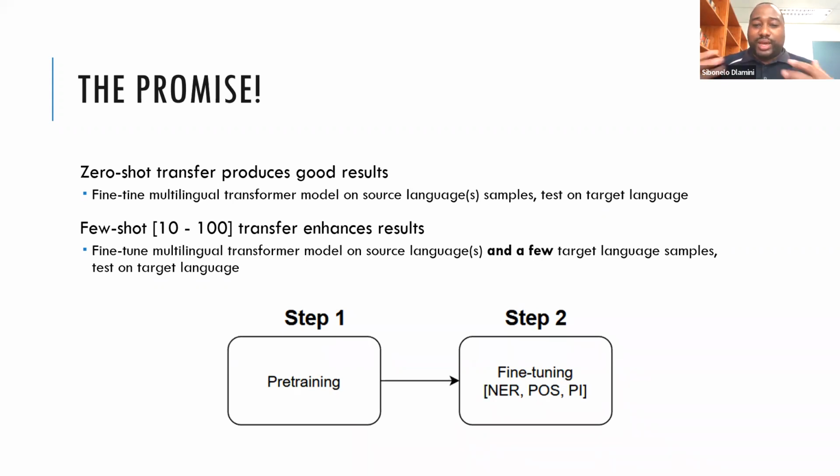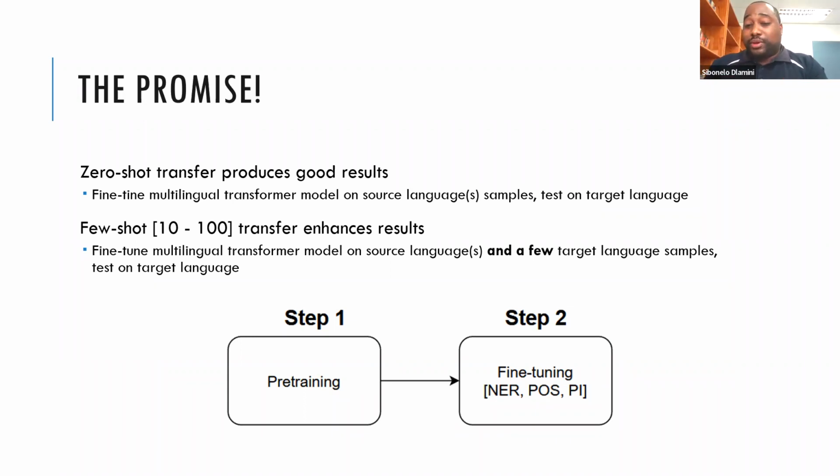So for example, let's say that I want to do part of speech tagging in isiZulu. Zero-shot transfer would dictate that we take our multilingual transformer model that obviously understands isiZulu because it's been trained on Common Crawl. We fine-tune it on English because there's no part of speech there.